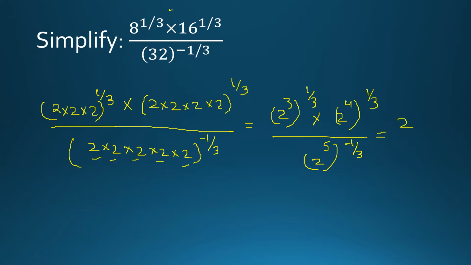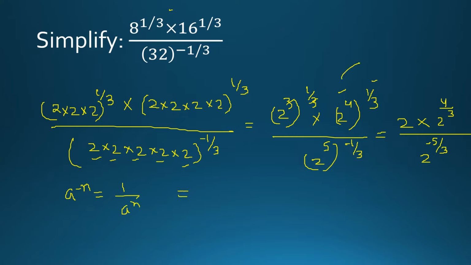Power raised to power will be multiplied. So 3 multiply 1 by 3. 3 gets cancelled. Only 2 raised to power 1 is left. Now 4 into 1 by 3, 4 by 3. Then in the denominator, 5 into minus 1 by 3, minus 5 by 3. You know that if we have a power in the denominator, I can take the reciprocal to make it positive, right?